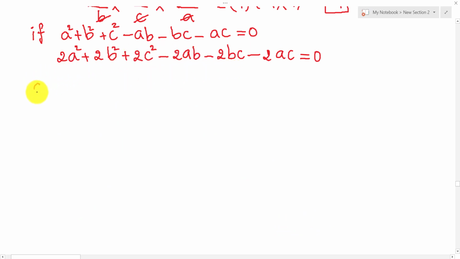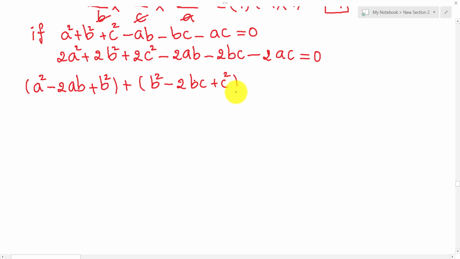So I get a squared minus 2ab plus b squared, and plus b squared minus 2bc plus c squared, and plus c squared minus 2ac plus a squared equals 0.